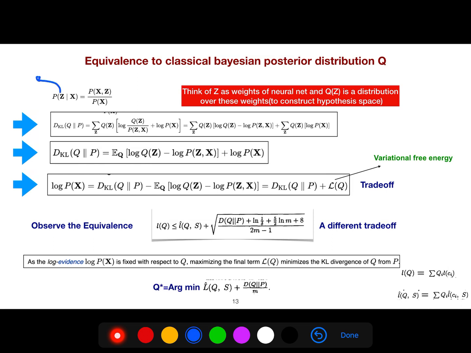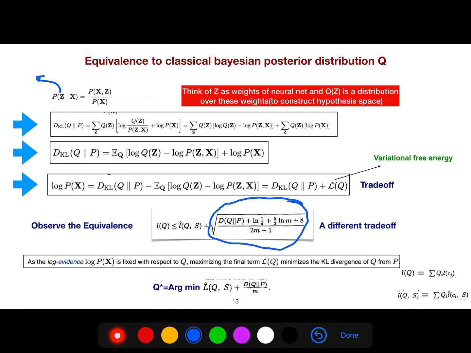Z, which is hidden and we don't know, is the weights of the neural net, and Q of Z is a distribution over these weights in order to construct the hypothesis space. You see that the bound is not far away. The theory of Bayesian posterior distributions, variational inference in general, is very closely related to PAC-Bayesian learning.